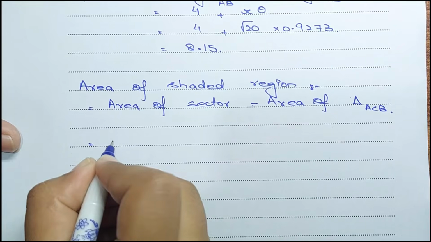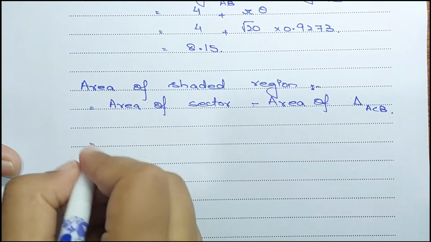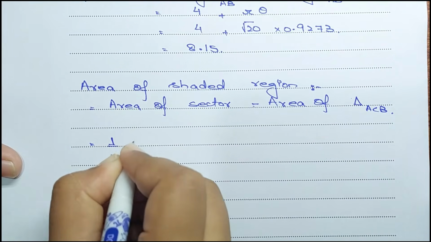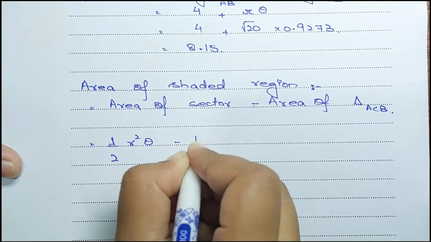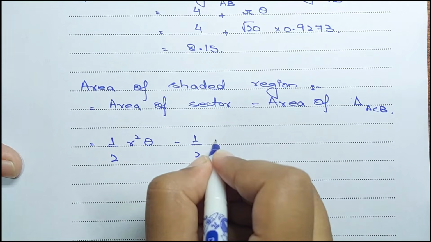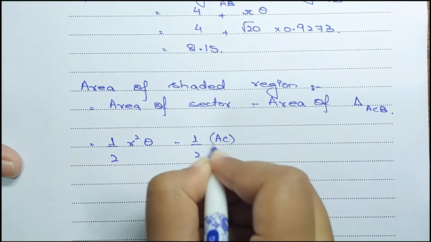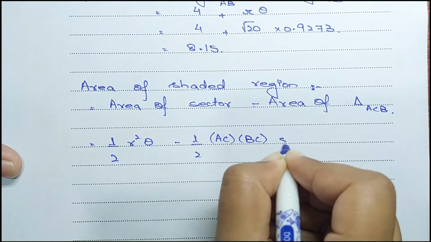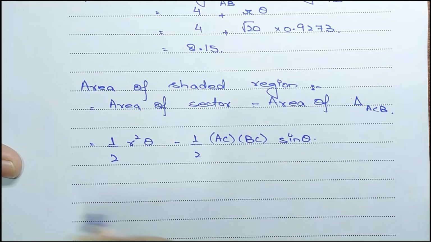The area of a sector has a formula: half radius squared and theta, minus half, the two sides AC, BC and sine of theta, right?